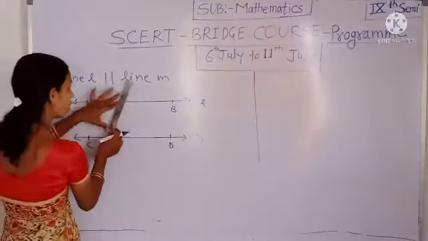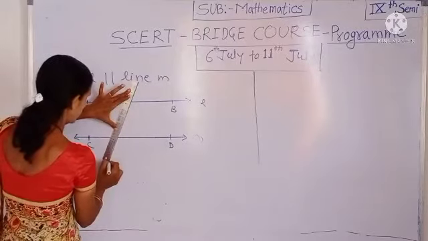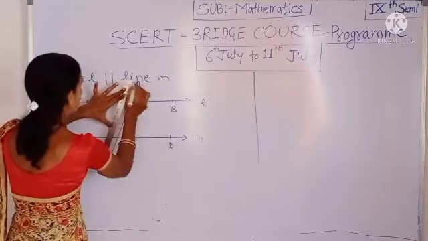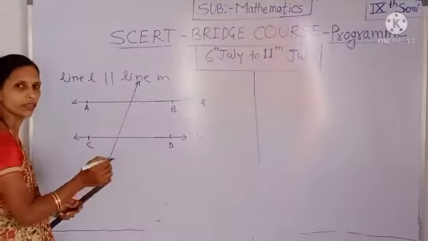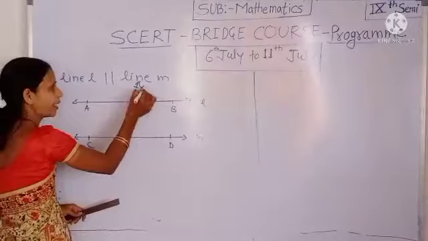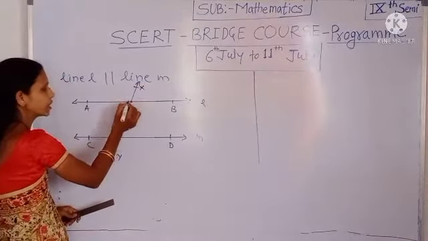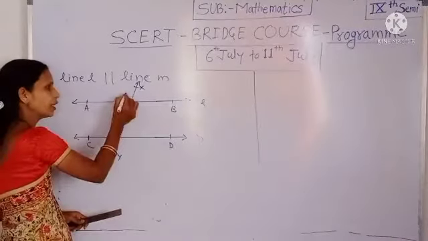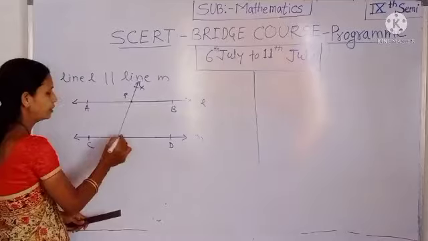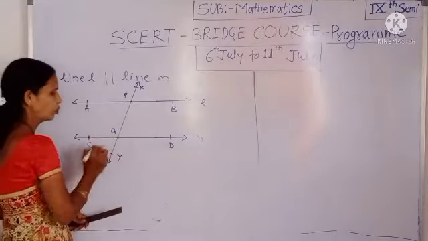The transversal, denoted XY, intersects line AB at point P and line CD at point Q.